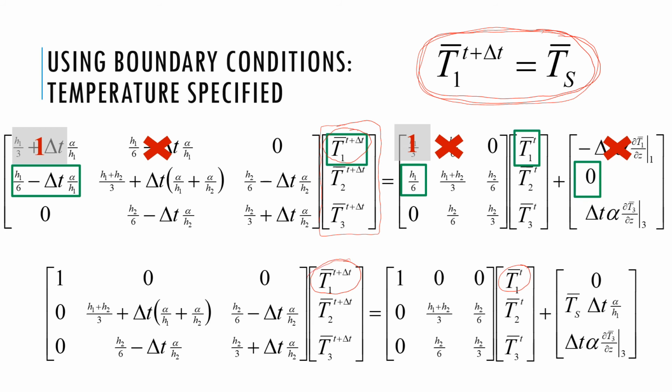This basically says that T1 is equal to Ts, or the temperature at the previous time step at 1, which is a known condition. This boundary condition is handled this way because the temperature at the boundary is already known, so you wouldn't be solving for it. So this is how it's handled.